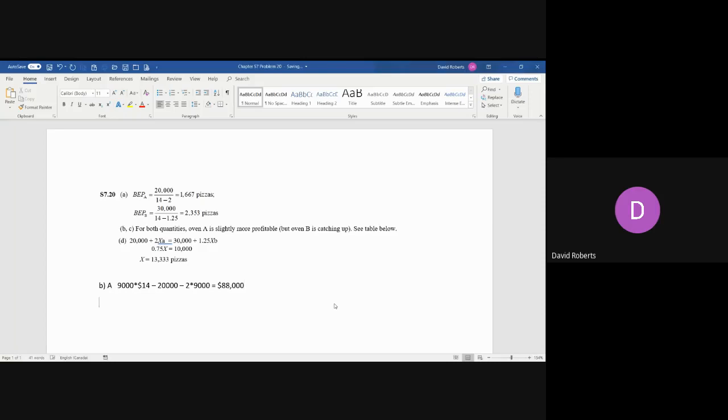Now I'm going to do B slightly differently. You can take the contribution margin. So you've got 9,000 pizzas.